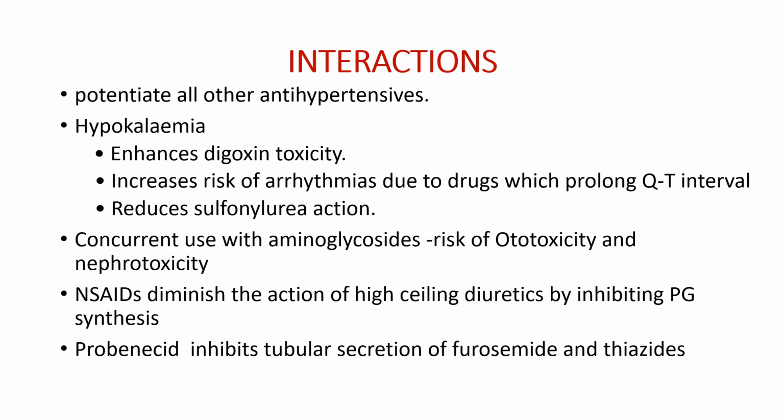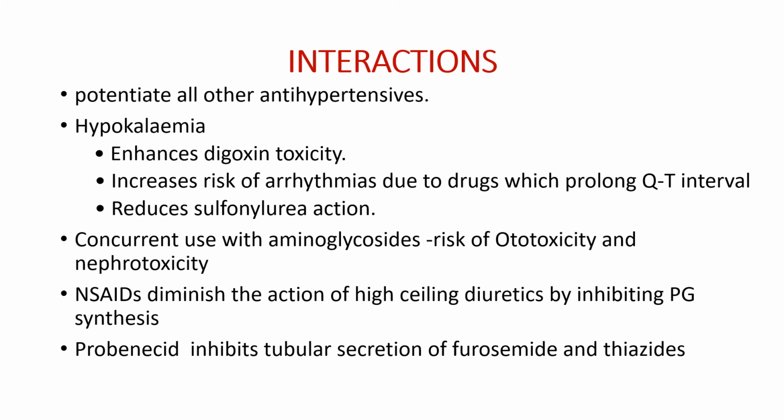And concurrent use of diuretics with aminoglycosides may increase the risk of ototoxicity and nephrotoxicity. And NSAIDs diminish the action of high ceiling diuretics because of the inhibition of prostaglandin synthesis. So we all know loop diuretics or high ceiling diuretics increase prostaglandin secretion, thereby increasing the renal blood flow, which is an important mechanism of action of furosemide apart from the action in the thick ascending limb.